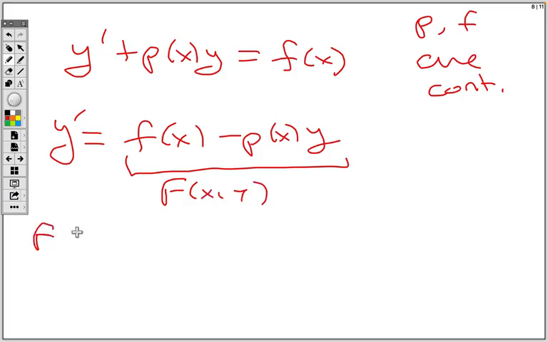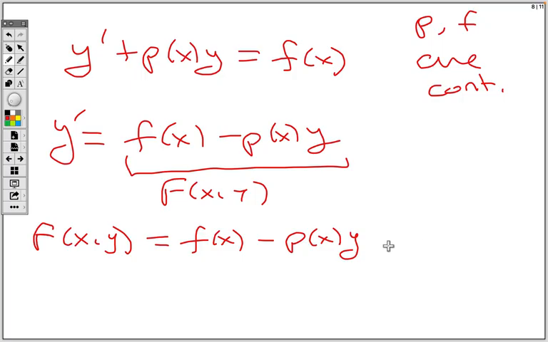So big F of x, y would be little f minus little p of x times y. If I assume that p and f are continuous in some open interval containing x naught, then this will certainly be continuous, because y is continuous, so y times p of x would be continuous, and f is continuous. The difference of continuous functions is continuous. So as long as p and f are continuous, this is going to be continuous.